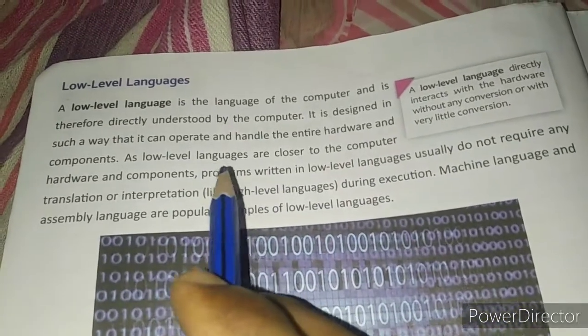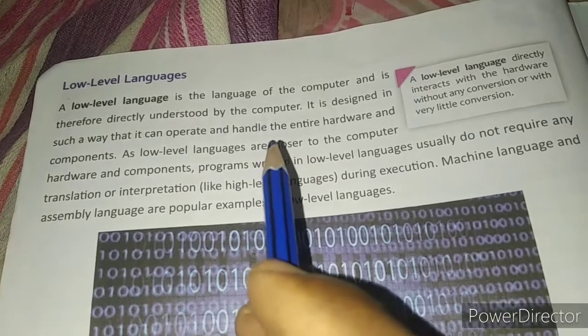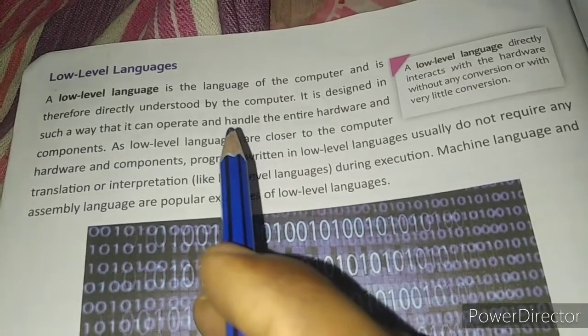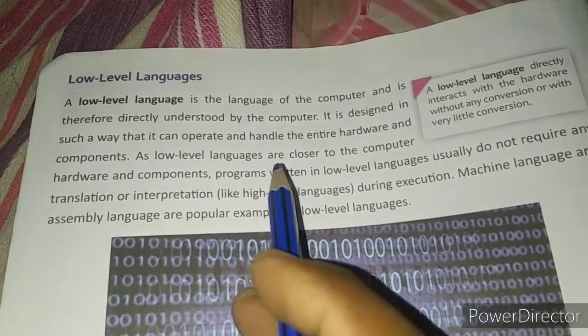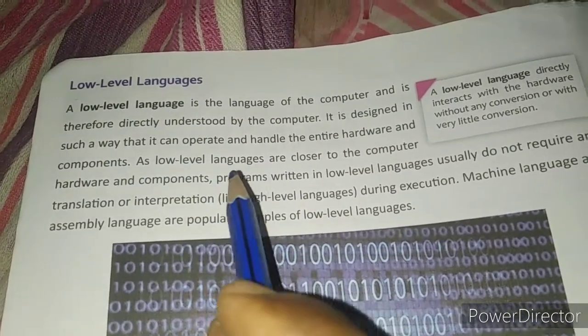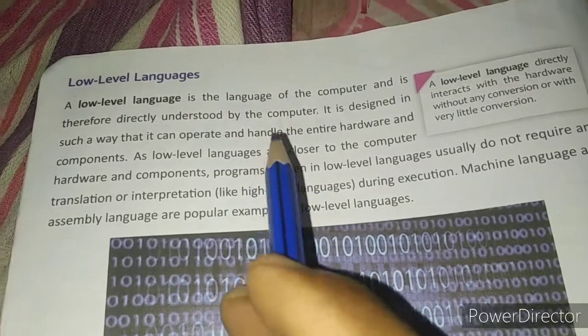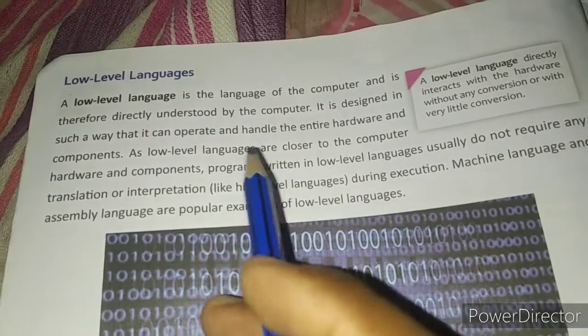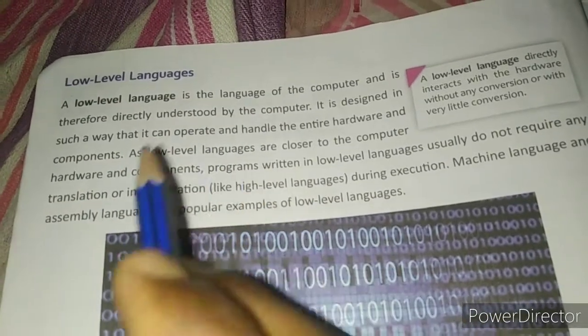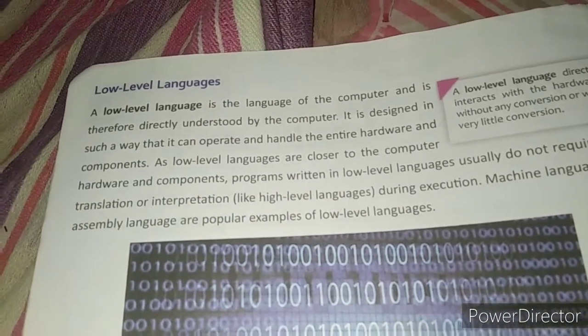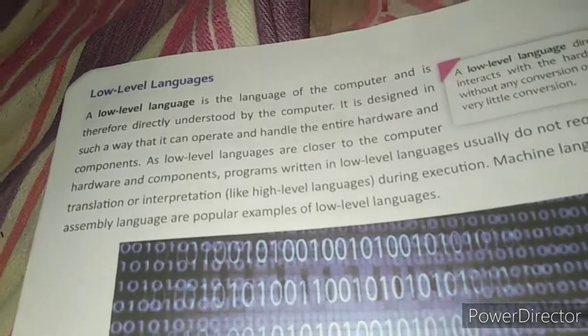When we talk about the high level languages, there are translators which convert the high level language into the machine language, but these types of translators are not required when we talk about machine language.